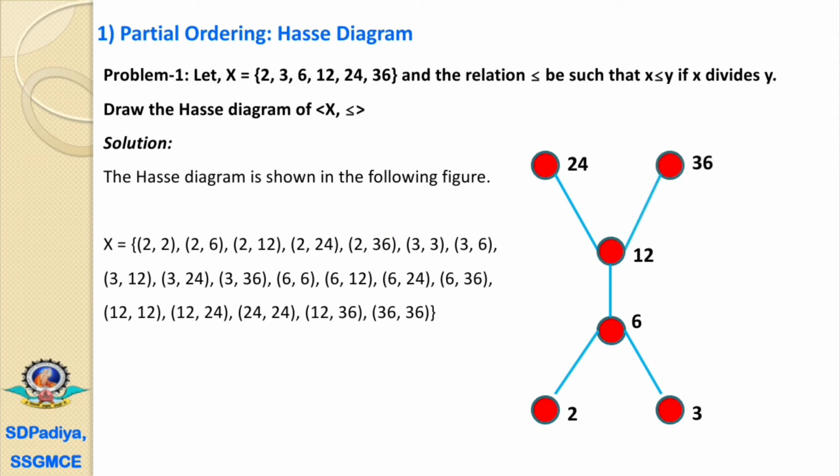The 24 and 36 are in the same line, same level, but the 12 has a direct relation with the 36. That's why we have to connect this 12 with 36. It is a hash diagram for a set X with 6 elements 2, 3, 6, 12, 24, 36, and the partial order relation is X divides Y.